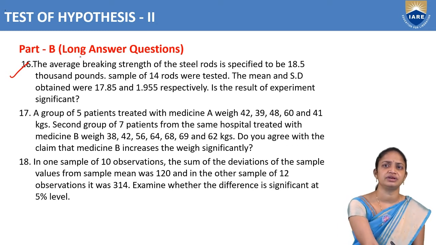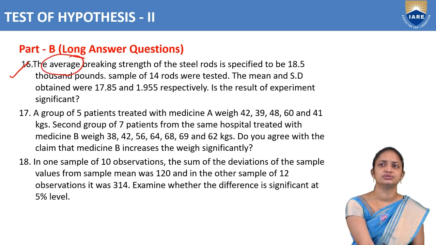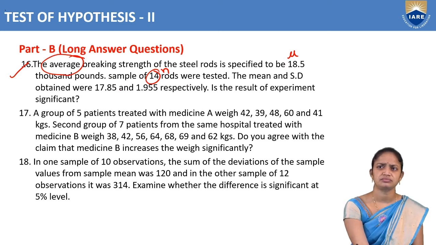So here they have given the average, that means this is the mu value, and the sample is nothing but the n value. Let us consider this is the population mean. The mean of the sample is x bar and the standard deviation is s.